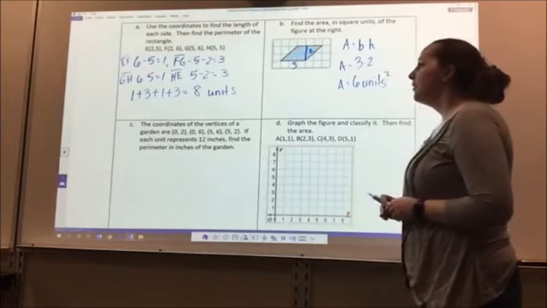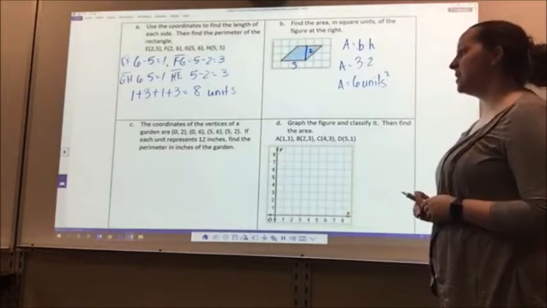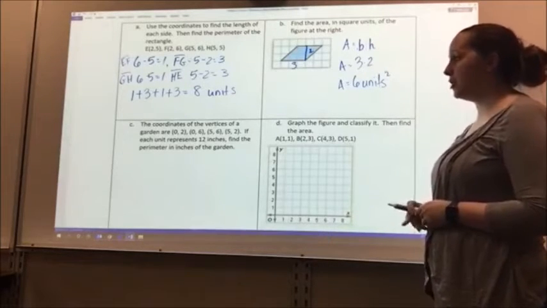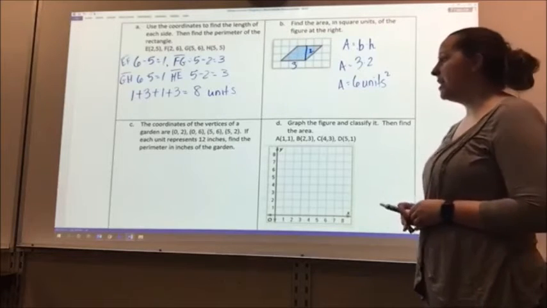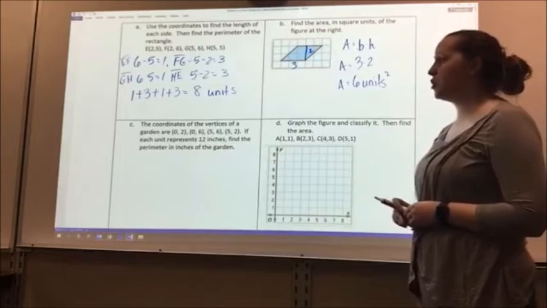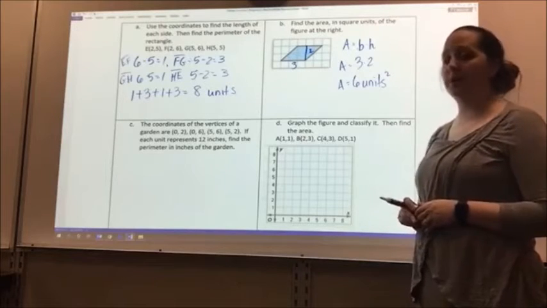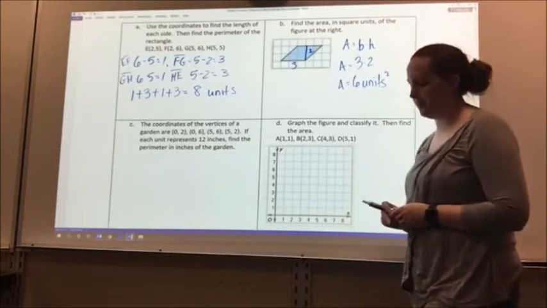Okay? For letter C, the coordinates of the vertices of a garden are (0, 2), (0, 6), (5, 6), and (5, 2). If each unit represents 12 inches, find the perimeter in inches of the garden.